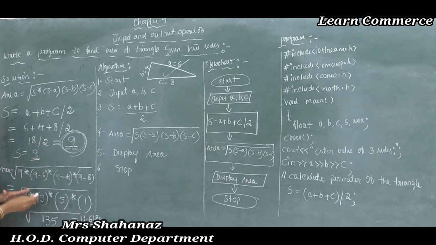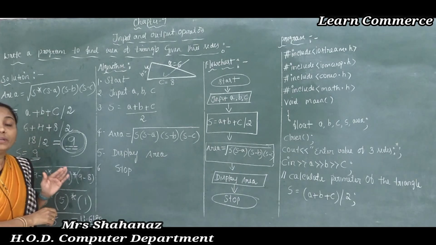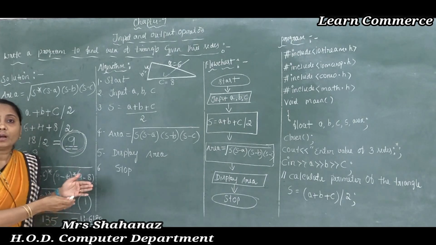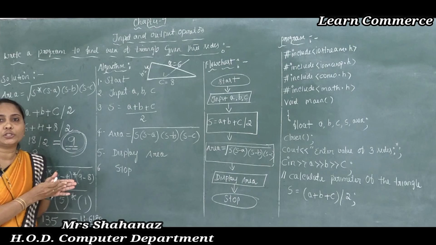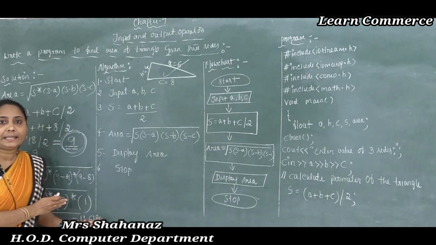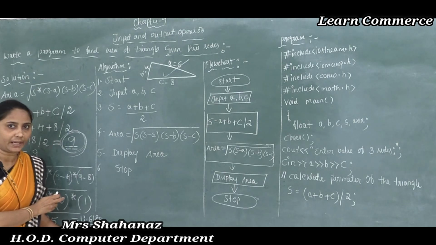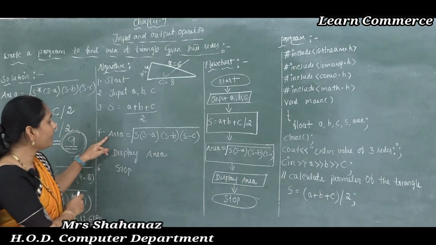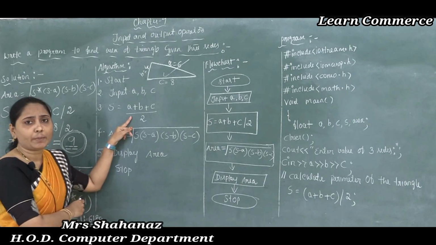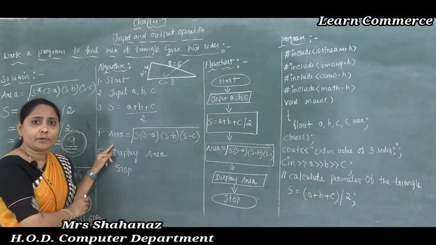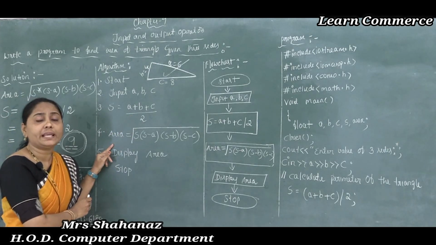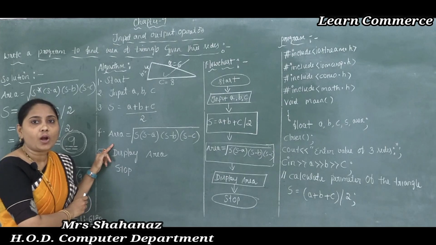By using the s value, we did the multiplication, and after that we got the solution to this program by getting the result as 11.6189 square unit, correct? Okay. And later, after the semi parameter, we are going to make the calculation for the area of a triangle.